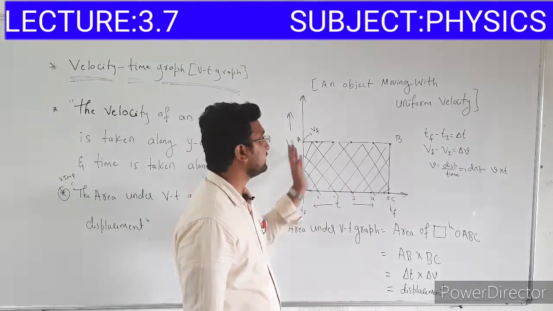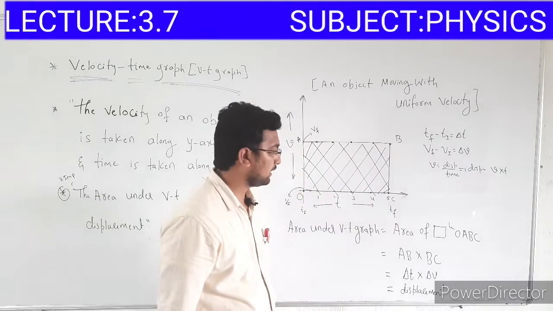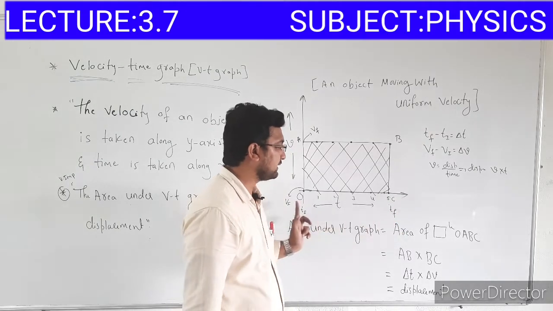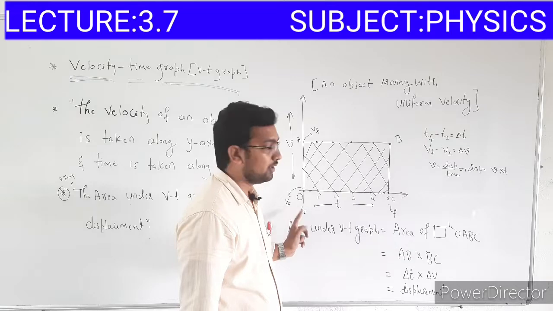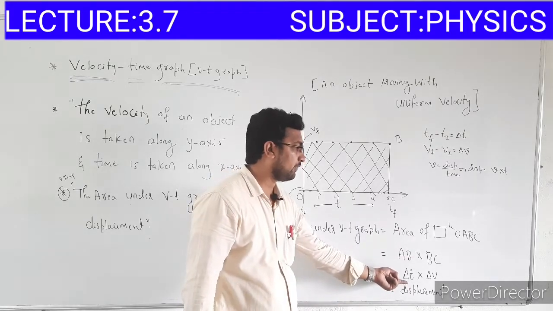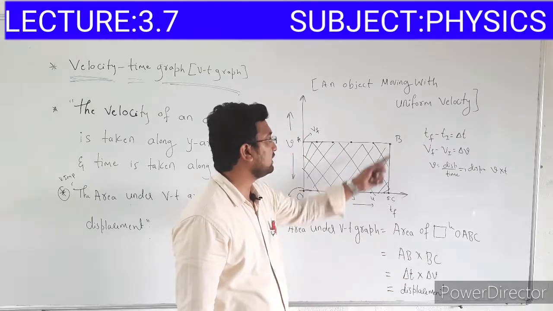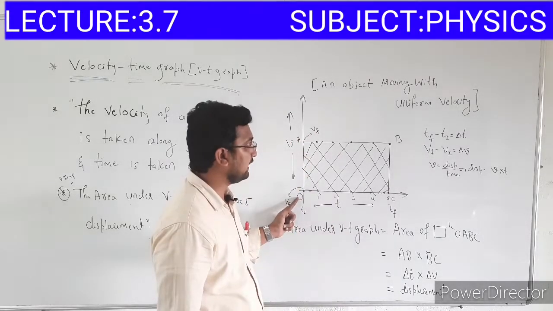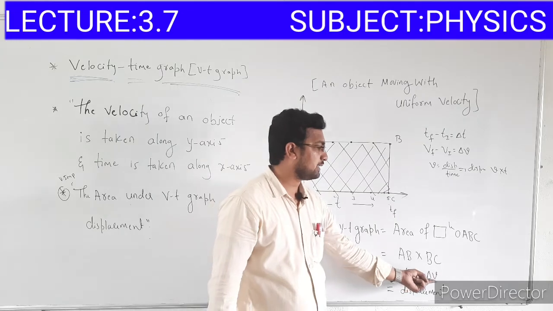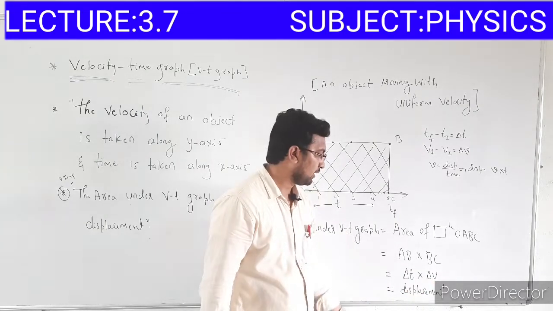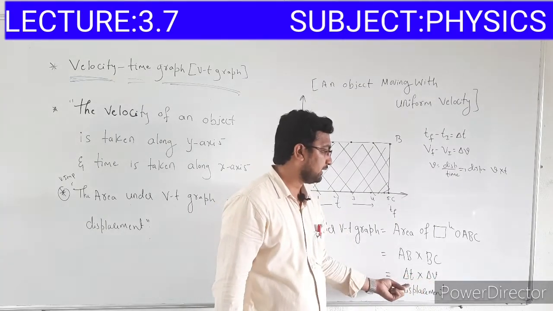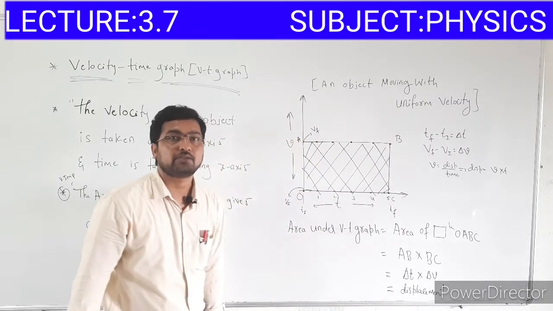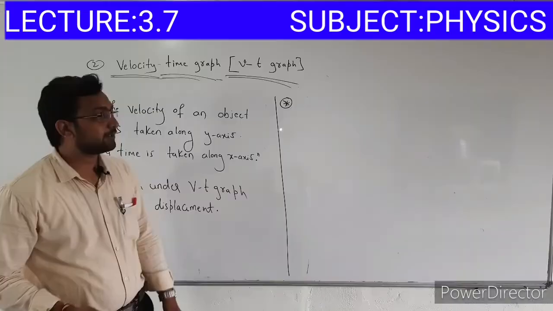Here length AB is the final time minus initial time, that is change in time del t, and BC is final velocity minus initial velocity, that is change in velocity del v. So the product of change in velocity into change in time interval gives the displacement.